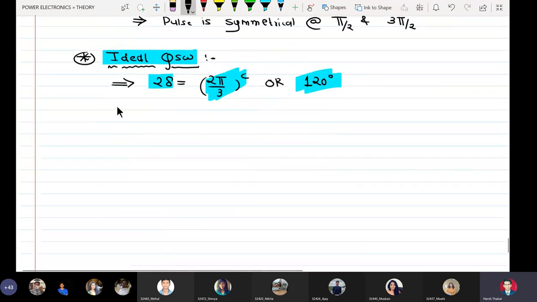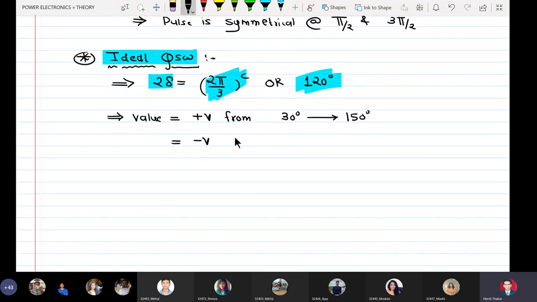So I can say very well that it has a value equal to plus V from 30 degrees to 150 degrees and equal to minus V from 210 degrees to 330 degrees.